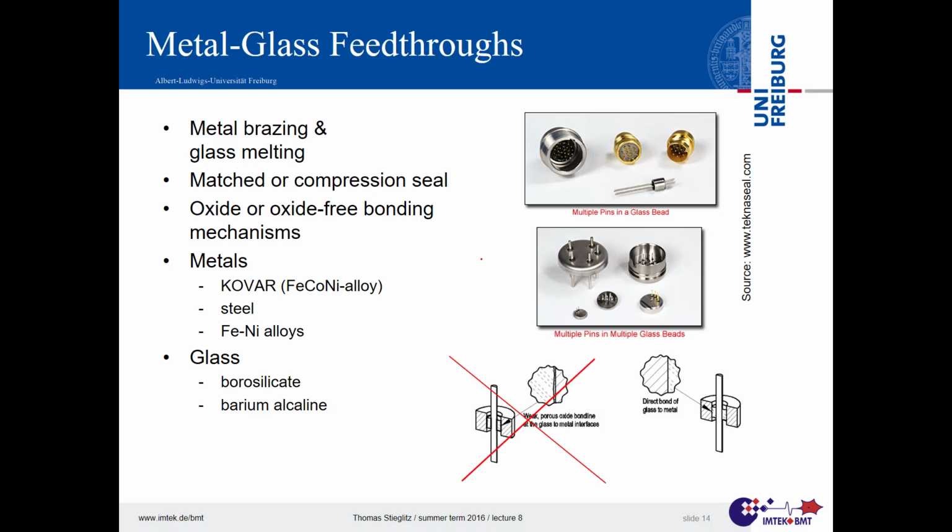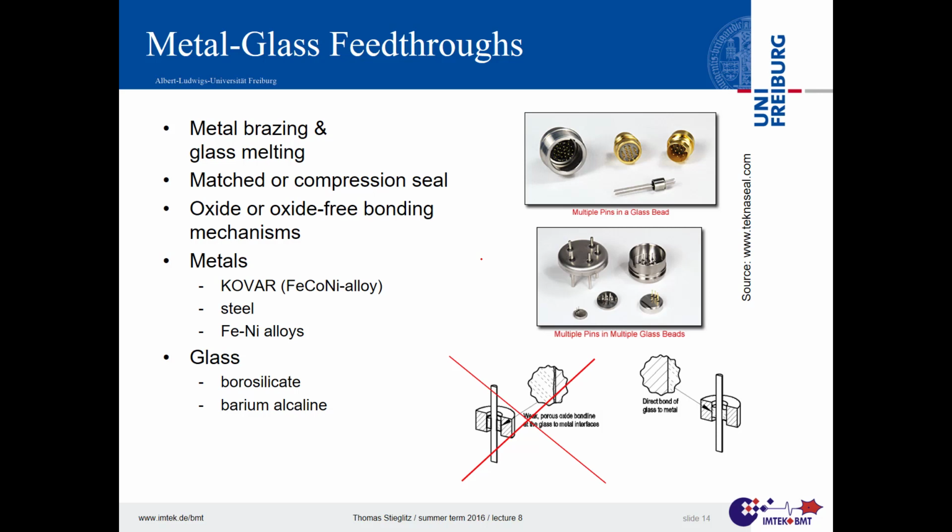And the pins can be either with a glass sealing, so you melt a glass pearl around a conductive pin, and then by selecting in a proper manner the glass and the pin and the ring around, you get either a purely chemical connection, so in best case with high binding energies, or you get a combination of a chemical bonding with a compression seal.